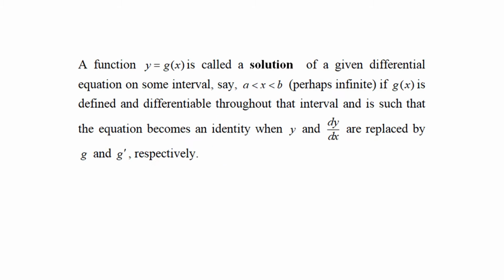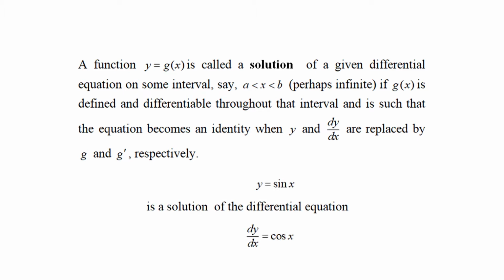A function y equal to g of x is called a solution of a given differential equation on some interval, say a less than x less than b, perhaps infinite, if g of x is defined and differentiable throughout that interval and is such that the equation becomes an identity when y and dy upon dx are replaced by g and g prime respectively. For example, y equal to sin x is a solution of the differential equation dy upon dx equal to cos x.